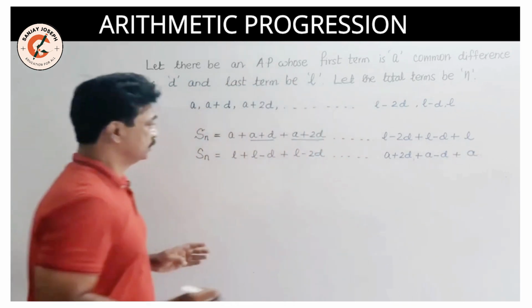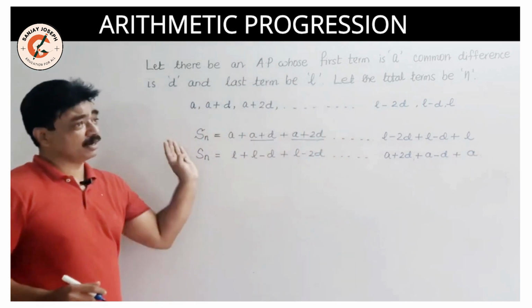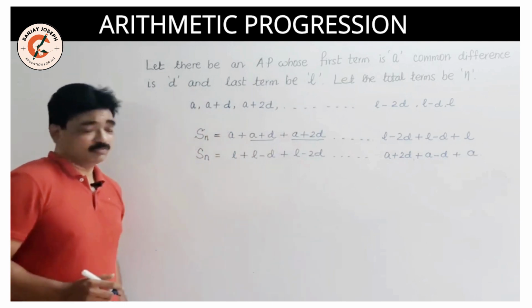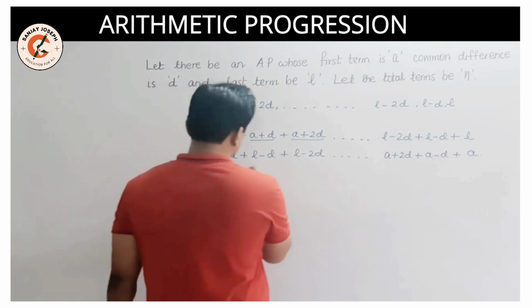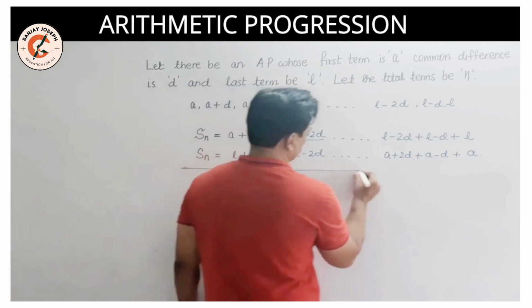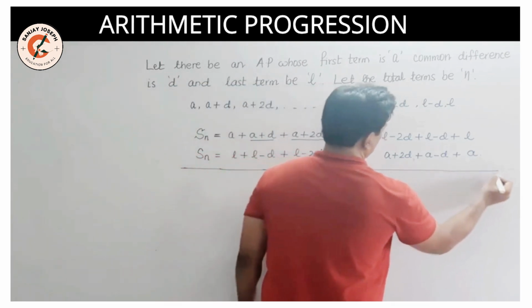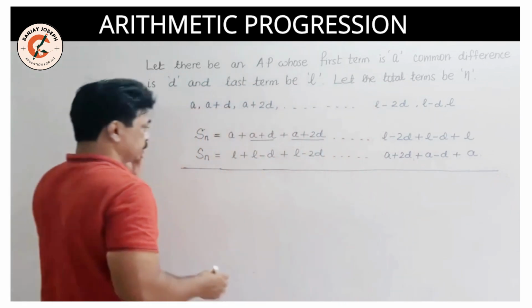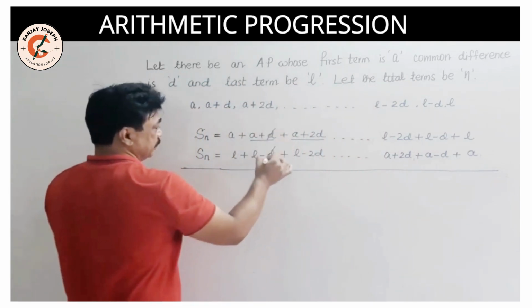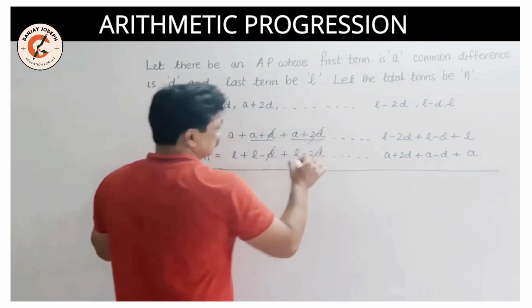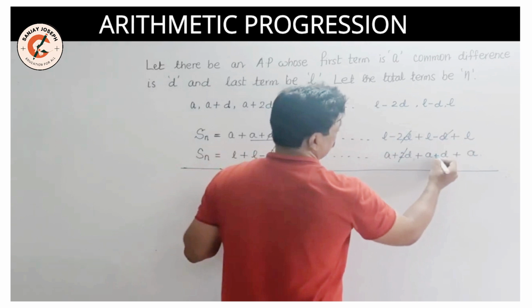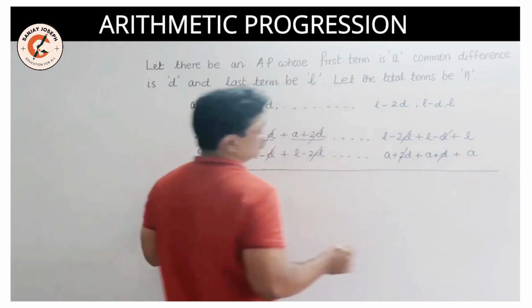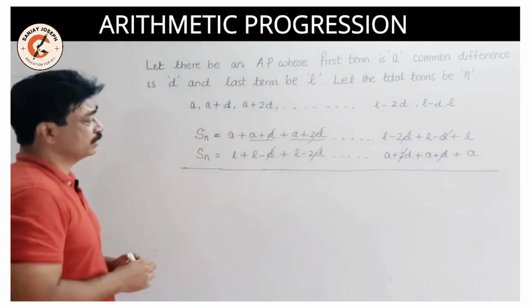Now either the sum will be added this way or this way. But what I will do is, I will add up. So D and D cancelled, this is cancelled, this is cancelled, here there will be A plus L, and so on.